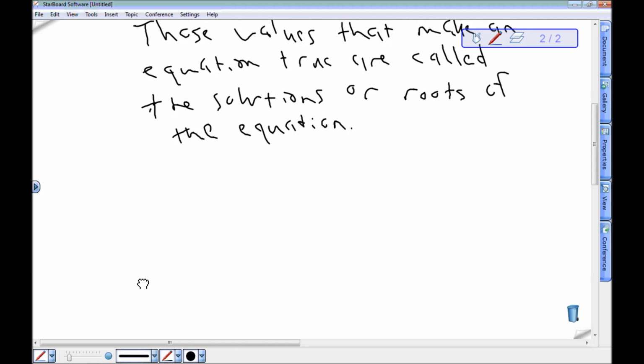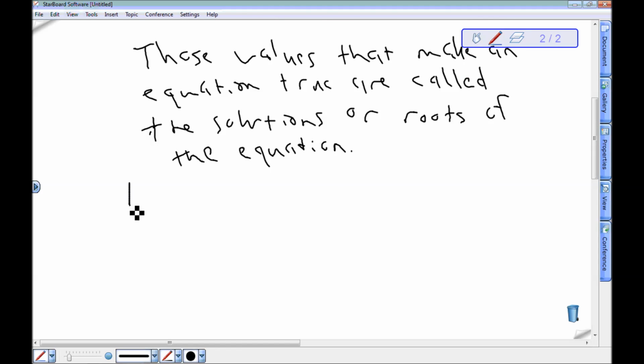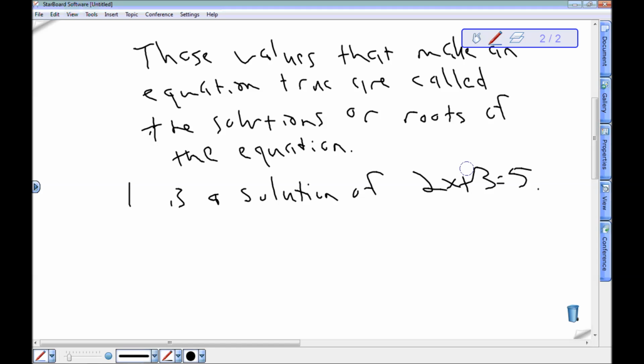So for that equation we have, we could say 1 is a solution of 2x plus 3 equals 5. Or we could say 1 is a root of 2x plus 3 equals 5.